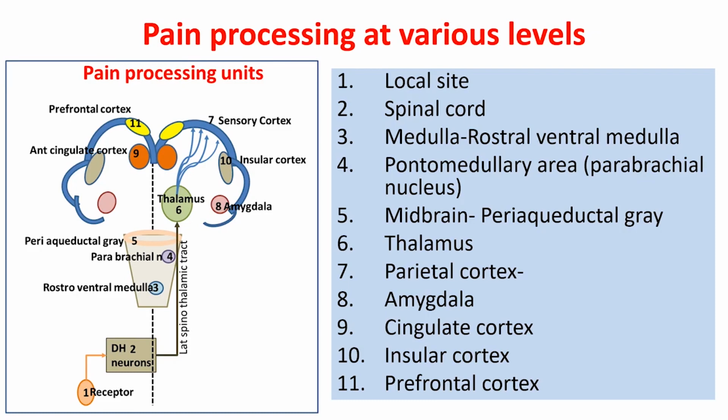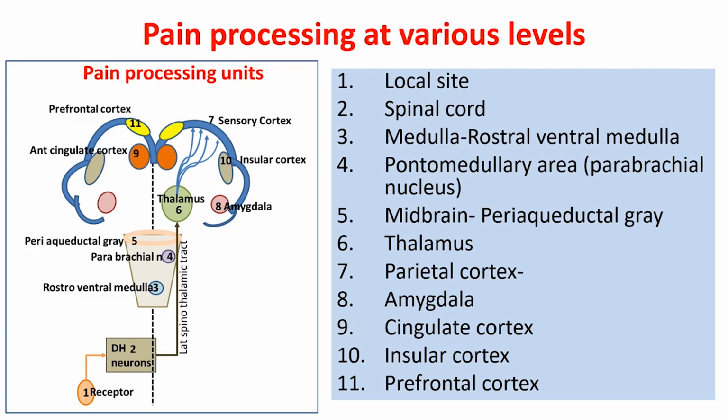Now let us look into the pain processing at various levels. Level 1 is the site of injury, that is the local site, the receptor level. Then comes the spinal cord, that is level 2. Then the medulla, rostroventral part of the medulla.